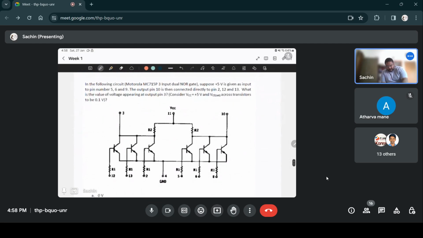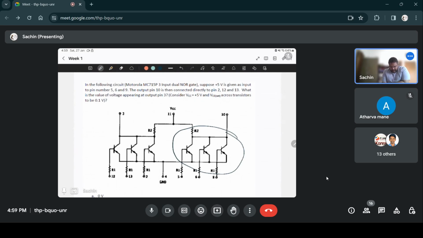Okay, question 8. The following circuit, this is the old RTL logic circuit from Motorola. So 3 input dual NOR gate, that means there are two 3 input NOR gates here, and you can see this set of these 3 are inputs, and this is the output.